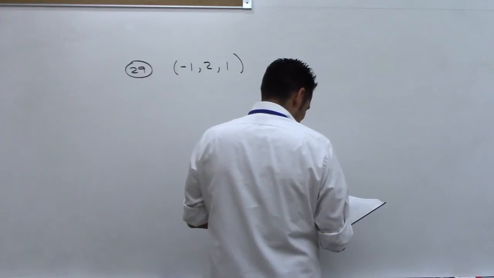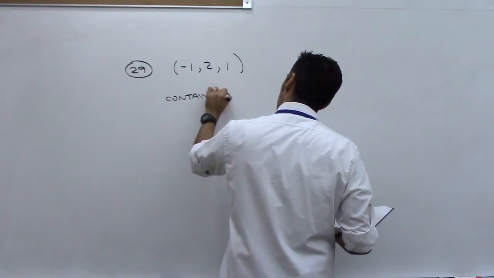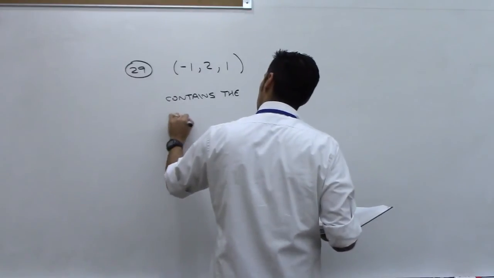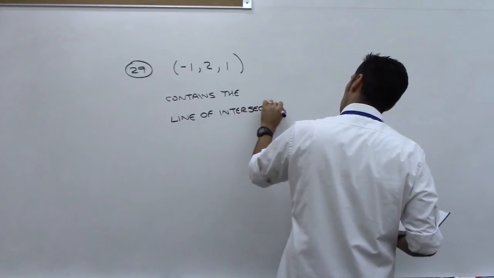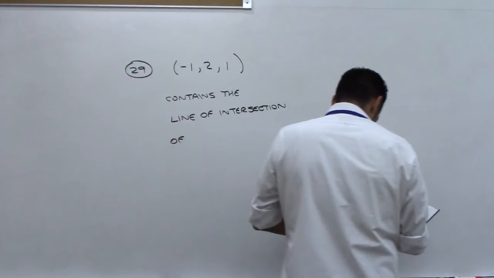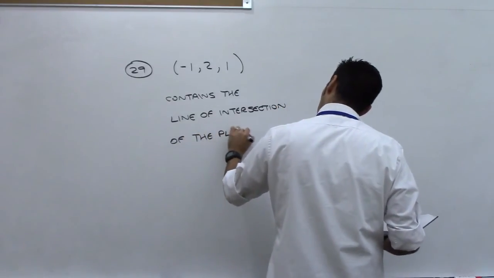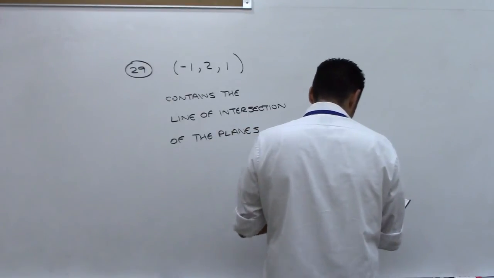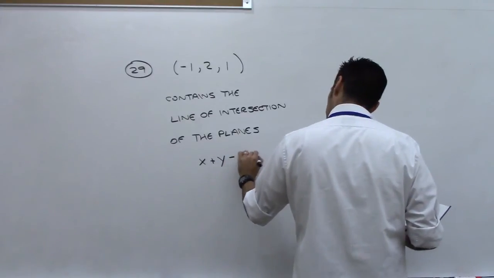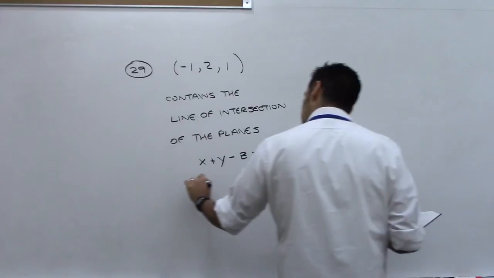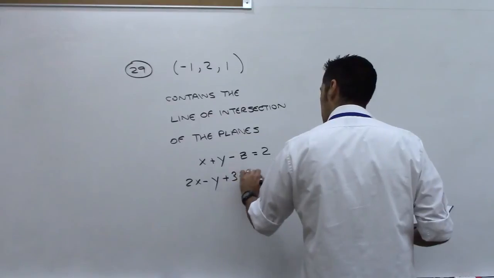And contains the line of intersection of the planes x plus y minus z equals 2, and 2x minus y plus 3z equals 1.